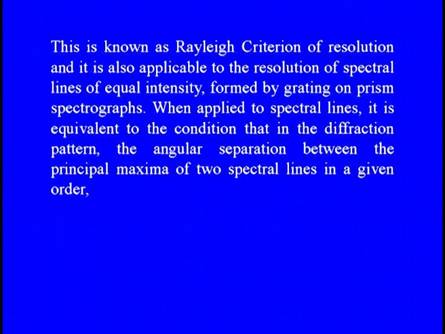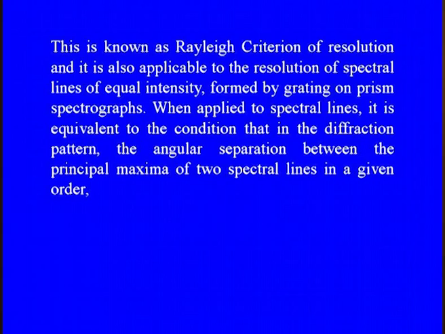This is known as the Rayleigh criterion of resolution, and it is also applicable to the resolution of spectral lines of equal intensity formed by a grating or a prism spectrograph.